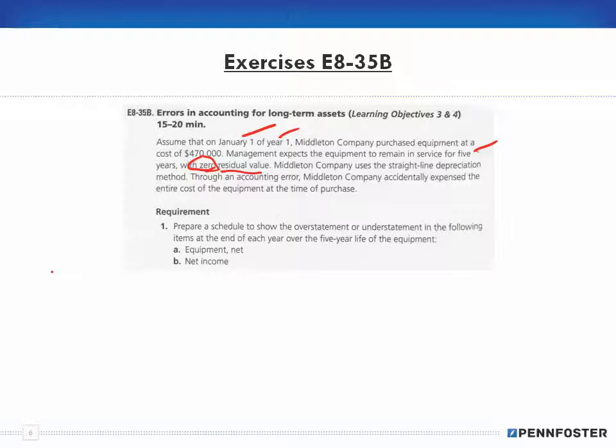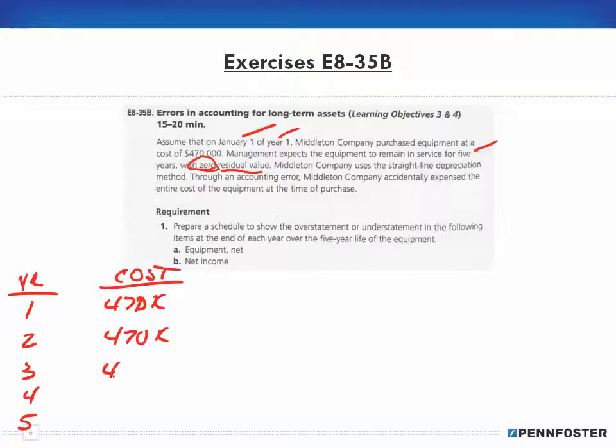We're going to have the year, that's going to be 1, 2, 3, 4, and 5. And then we're going to have a cost, which is $470,000. That's going to be the same for each year.